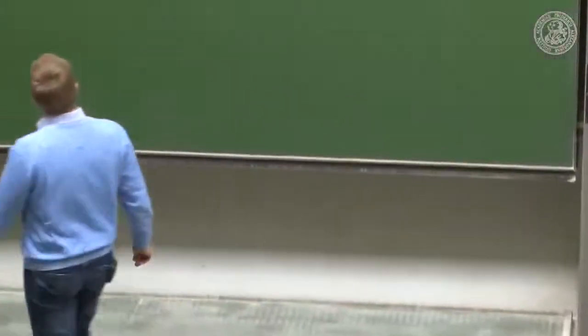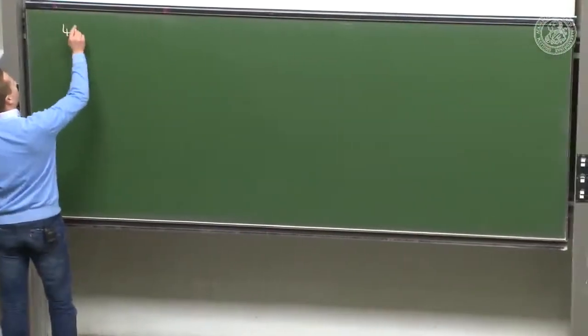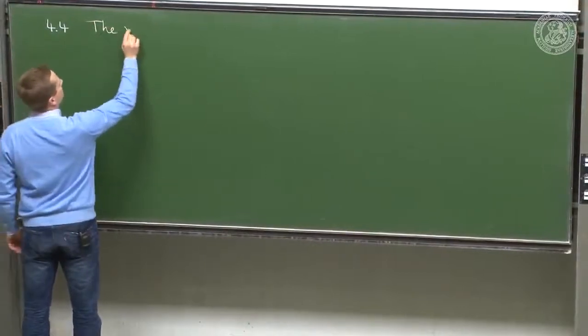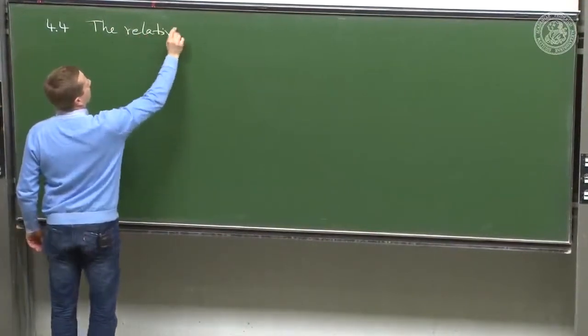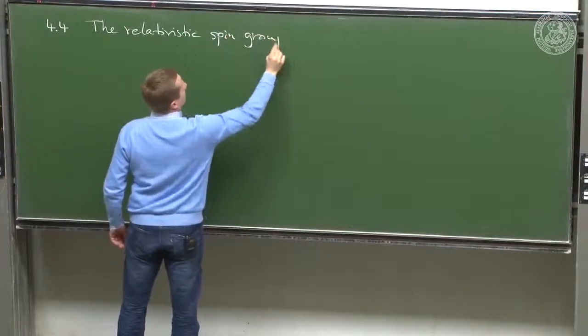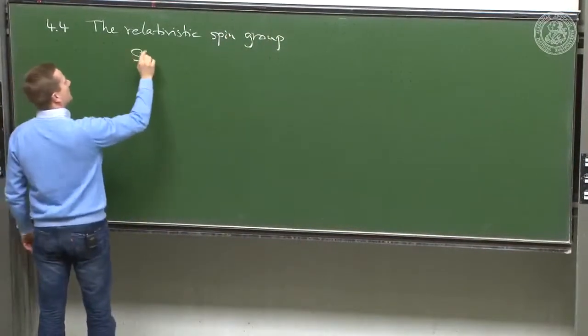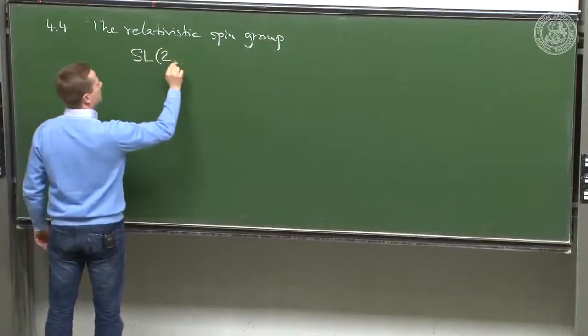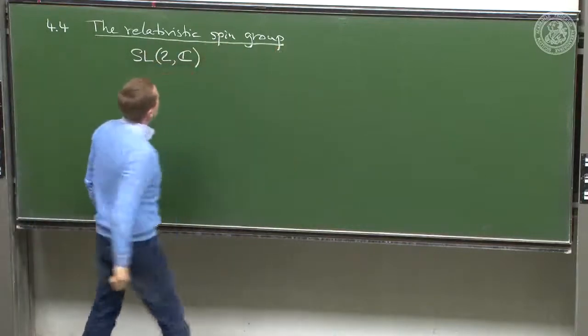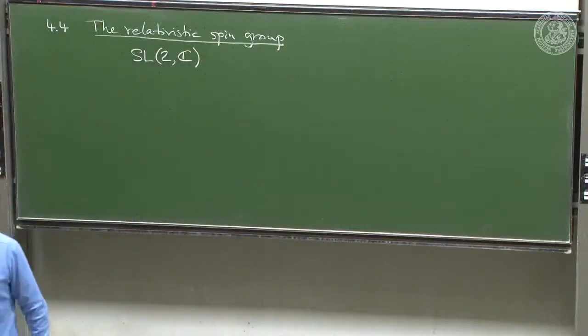So it goes in this consecutive numbering 4.4, and it's the relativistic spin group, which goes by the name of SL2,C. That's what the thing is called. And we will now really want to understand this guy and its Lie algebra in every detail very properly.